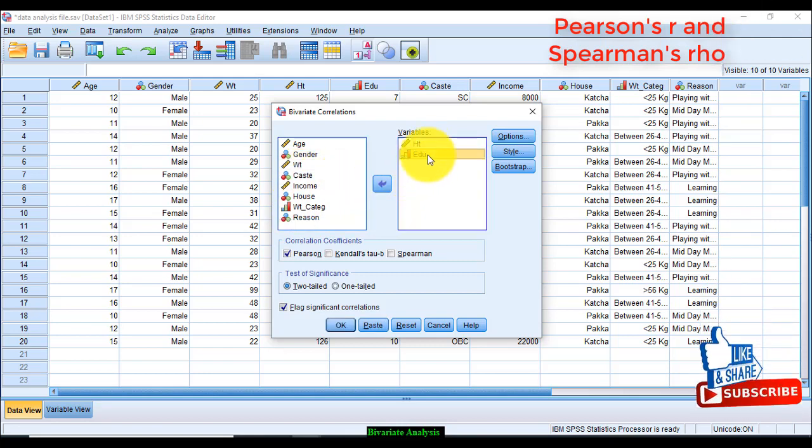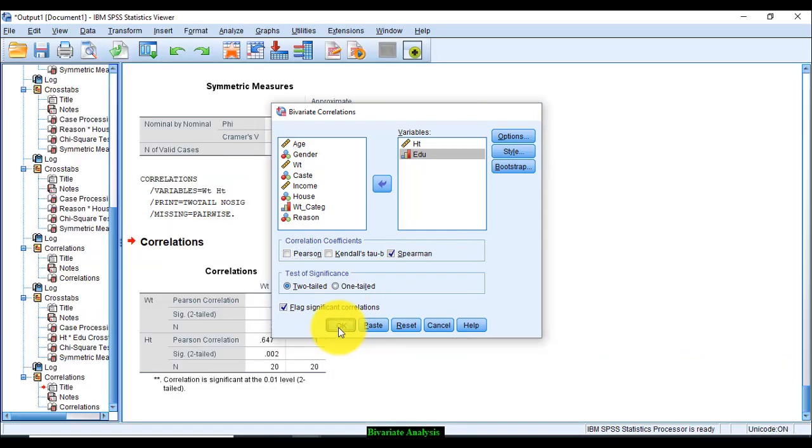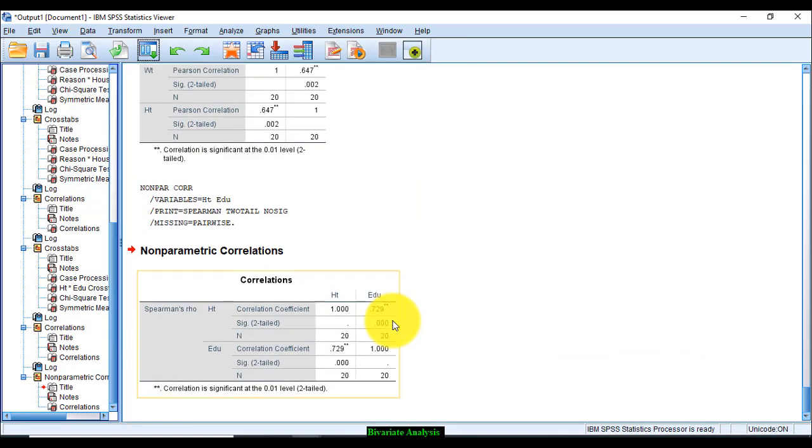Now there are two variables, one is ordinal and another is scale variable, between which we want to examine the relationship. So now you make sure that Spearman's is checked. You uncheck the Pearson and let the Spearman rho be checked. Click OK. Now it gives you the Spearman's correlation coefficient.